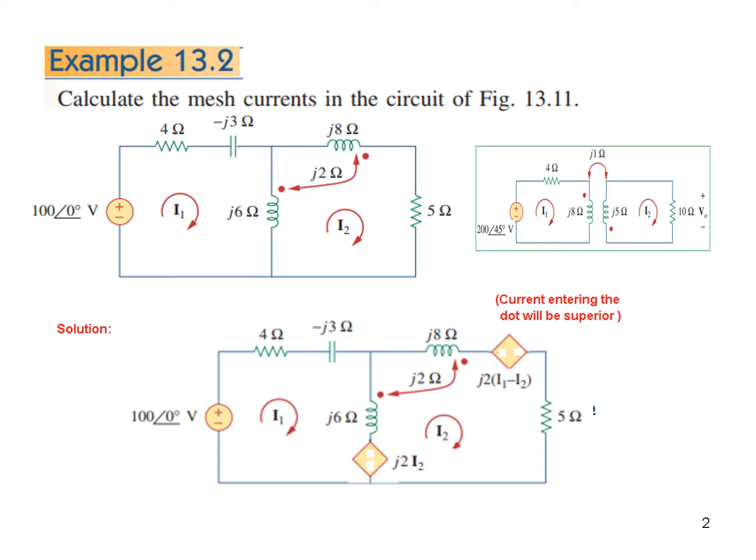And then the third step is that we mark the voltage signs, and that will follow the dot convention. Now this one is due to this. Current I2 is entering the non-dotted terminal, so the non-dotted terminal of this will be positive. That means the bottom will be positive, so we'll put a positive sign here.